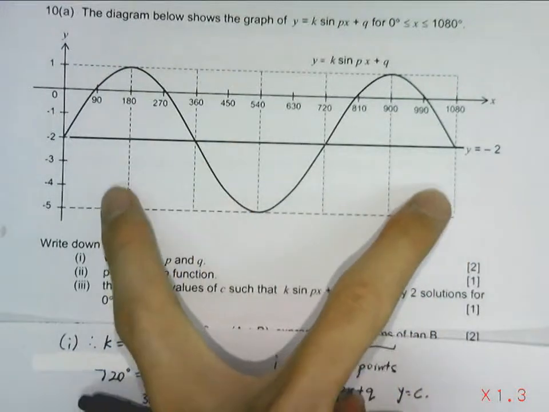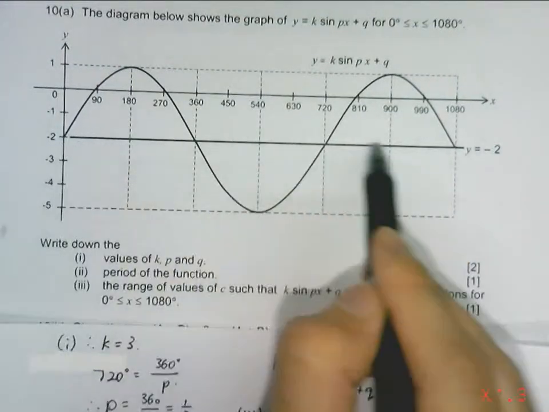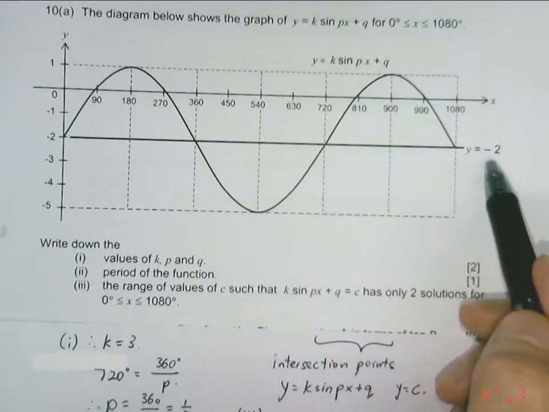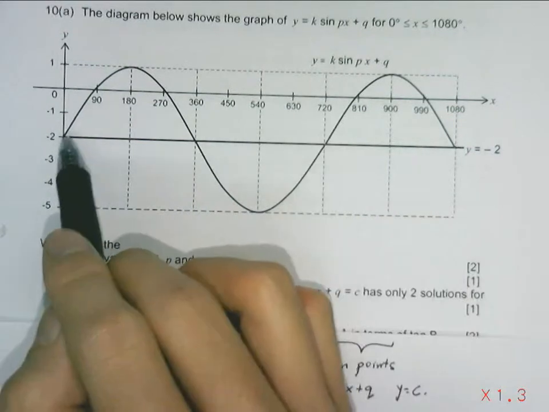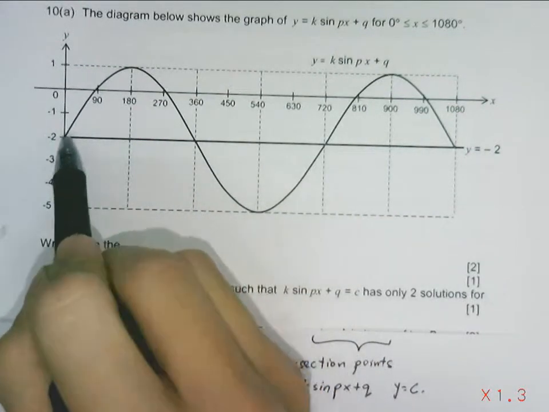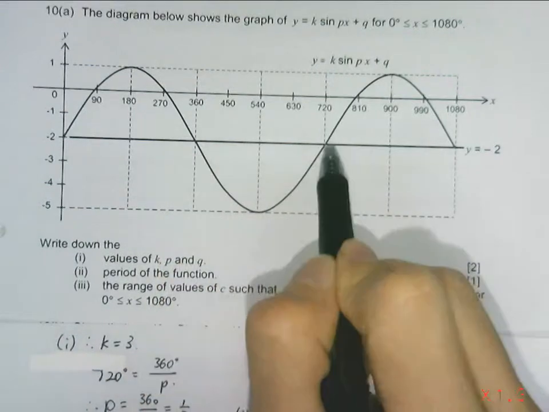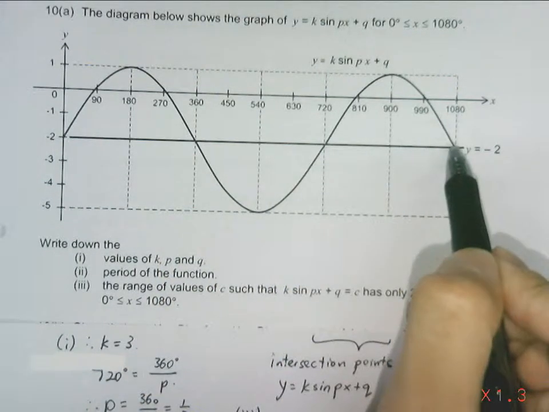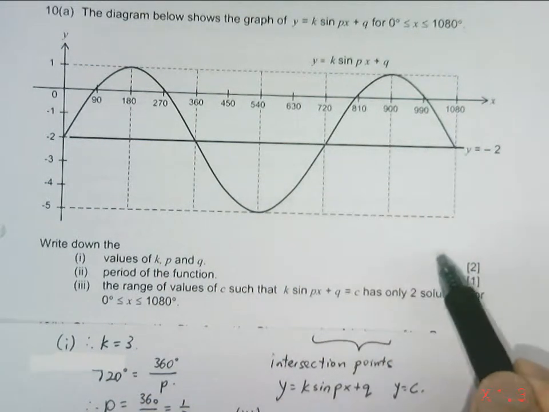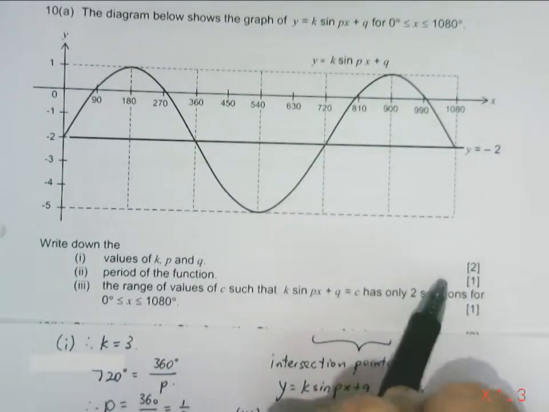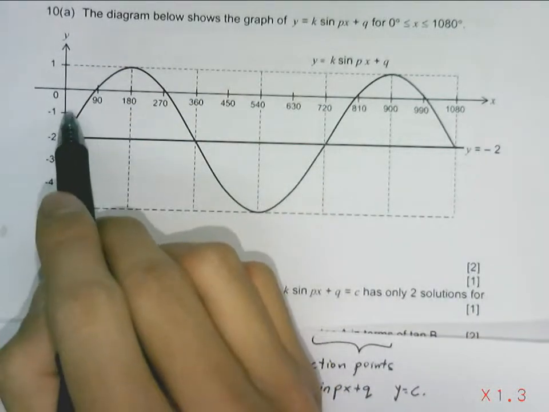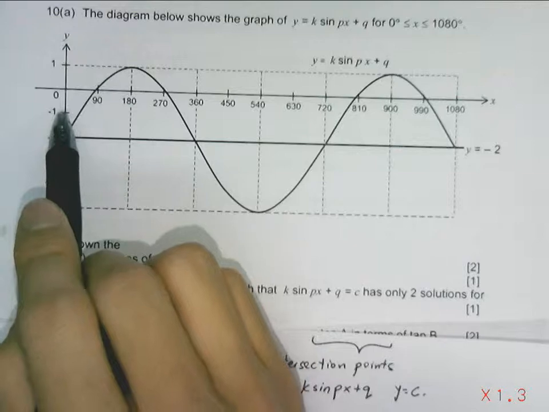And if we bring the line higher to y equals minus 2, we can see that y equals minus 2 has many intersection points. So 1, 2, 3, 4. So there are 4 of them, which is also not what we wanted. So above minus 2 will also give us 4 intersection points.